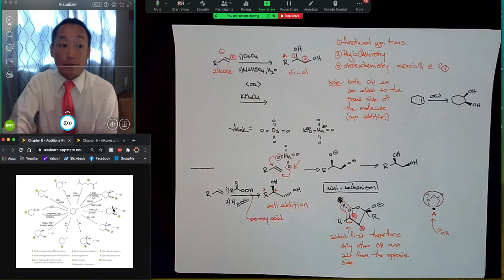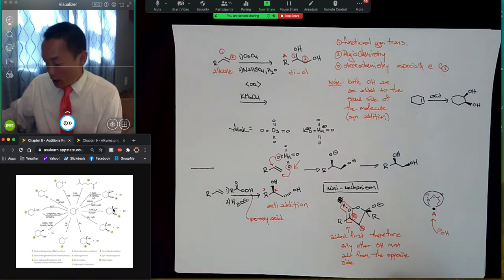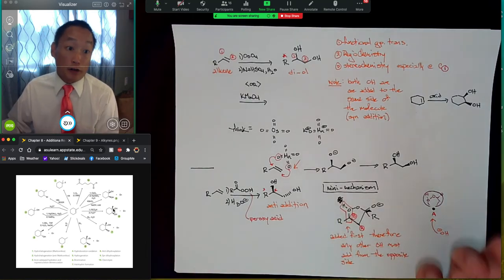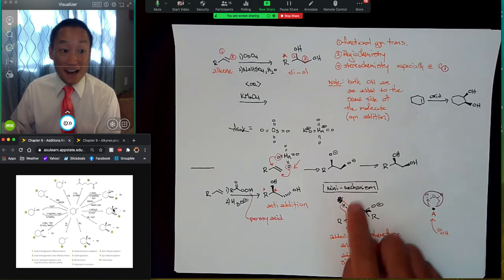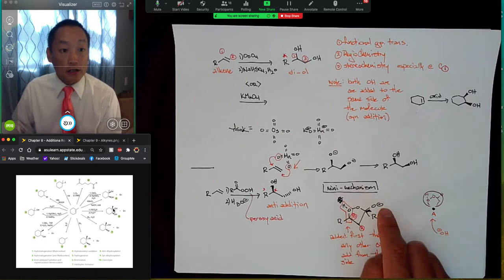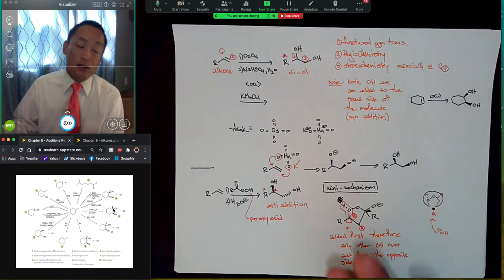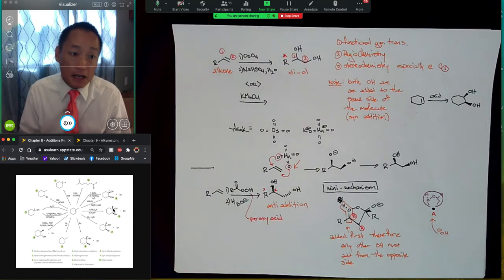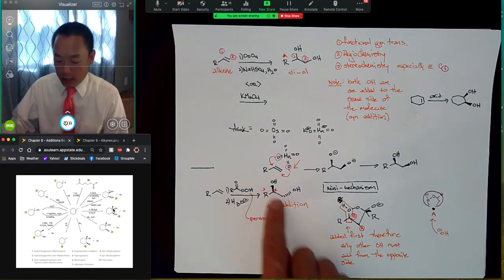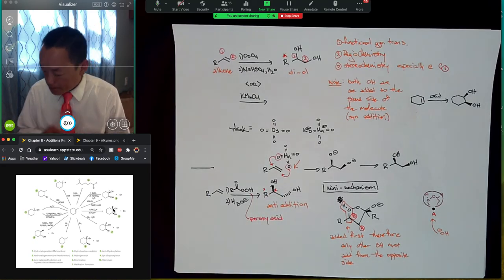I don't have to explain sterics to you. This stuff up here is sterically creating bulk, and so our other OH has to add from the opposite side. It's not added at the same time in this mechanism, and so that's why you just get anti-hydroxylation.